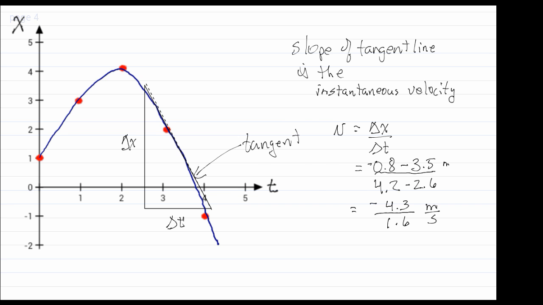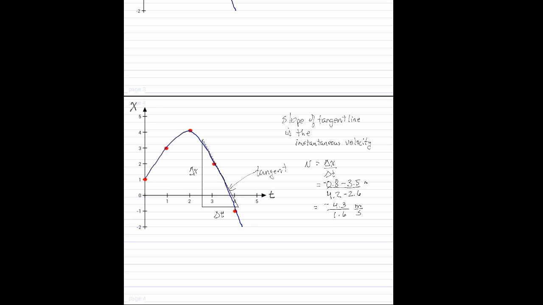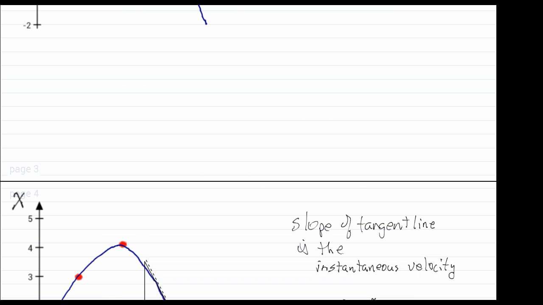Okay, we can actually calculate the actual value of that ratio. So let me just find my calculator. And what did I say it was? It's negative 4.3 over 1.6, which is equal to negative 2.69. Okay, let's go back here.